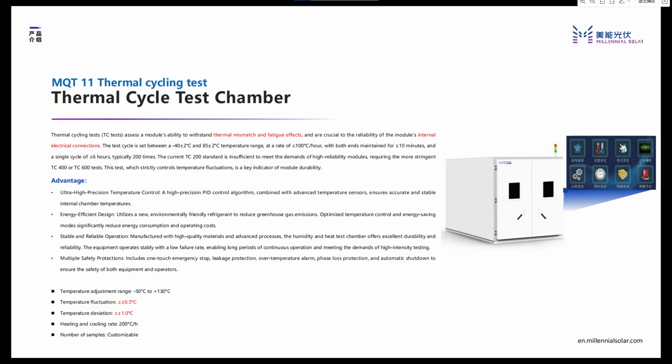For the TC chamber, the temperature fluctuation is less than or equal to plus and minus 0.5 degrees Celsius, and its deviation is plus and minus 1 degree Celsius.